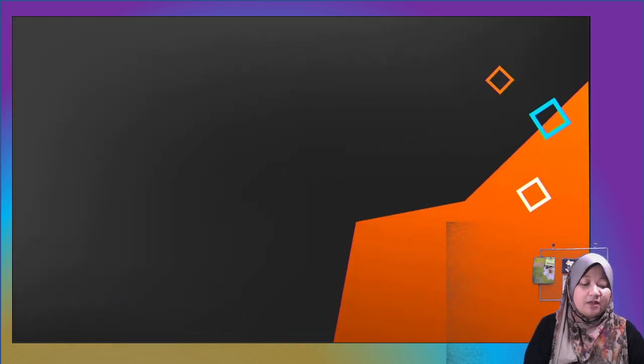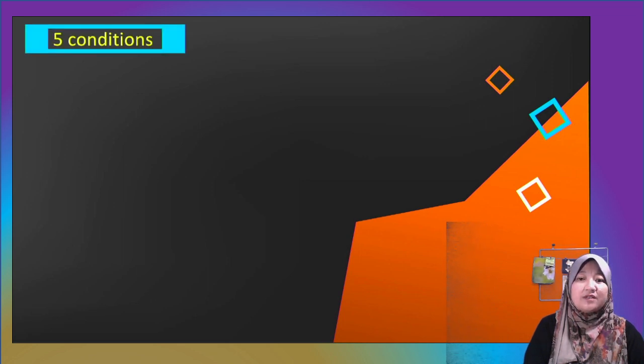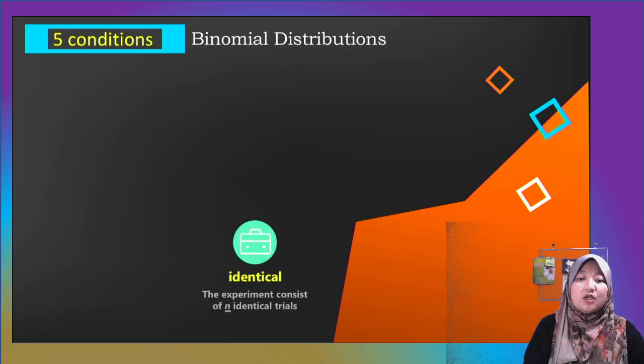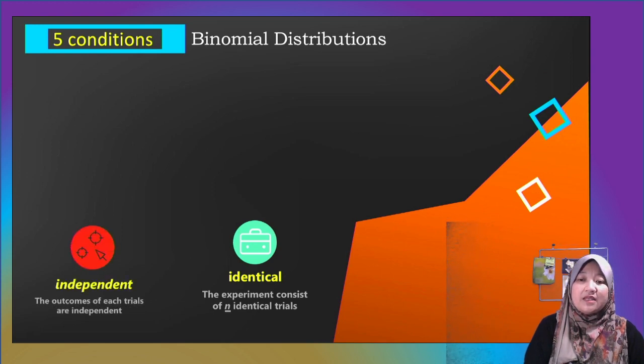Okay, before that, I will show you about 5 conditions to identify binomial distribution. First, identical. What is identical? The experiment of binomial distribution consists of n identical trials. Second is independent.